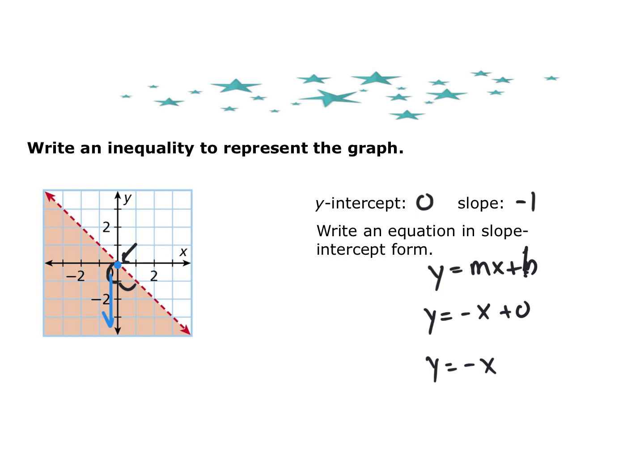Because our y is becoming smaller as we shade, we end up with y is less than negative x. Now, if the boundary is dotted, which is the case here, we're done because we don't have to write "or equal to" at the bottom. If this were a solid line, we would write less than or equal to negative x.